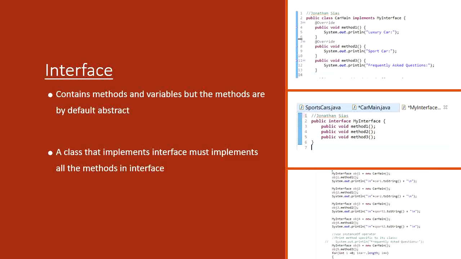The middle one is the interface I created, which I named my interface. And inside the interface, we have 3 methods: method 1, method 2, method 3. All these 3 methods in an interface are declared with an empty body and are public, and all the fields are public, static, and final by default.